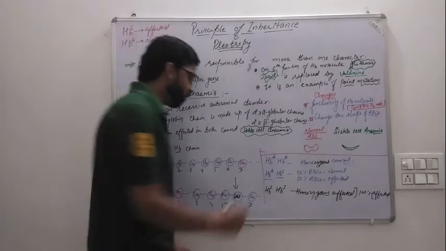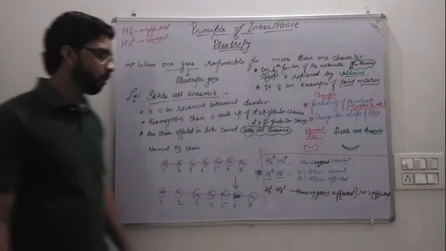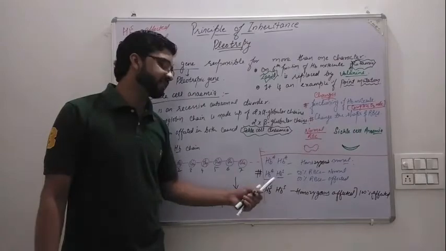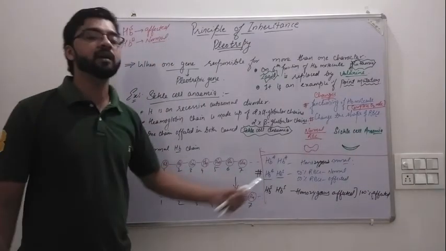Only in the HbA HbS condition does the person survive for a longer time. The person is affected with the sickle cell disorder and is a carrier.